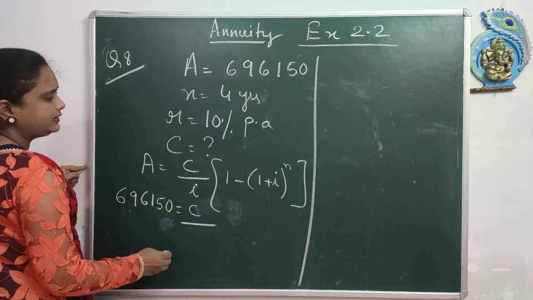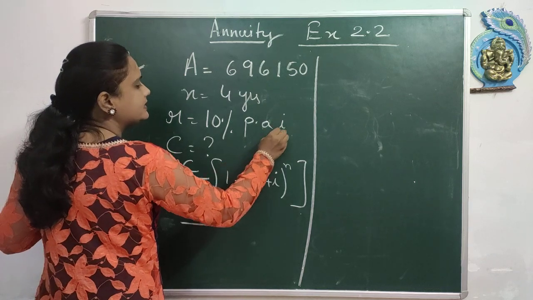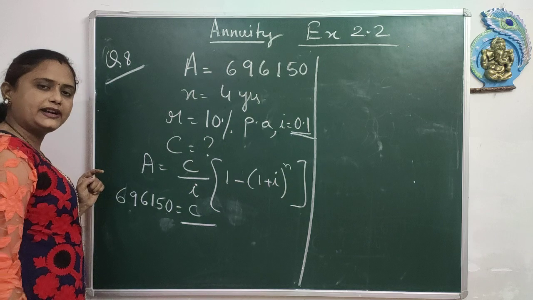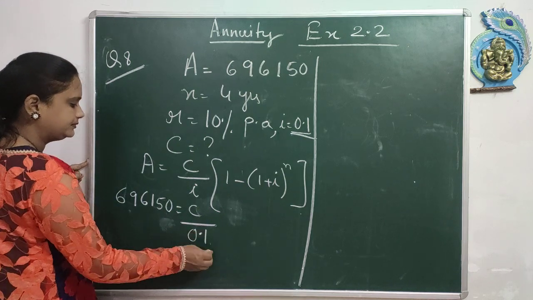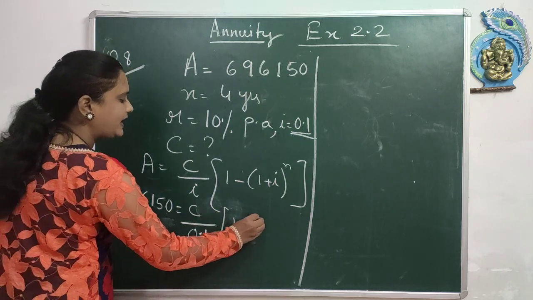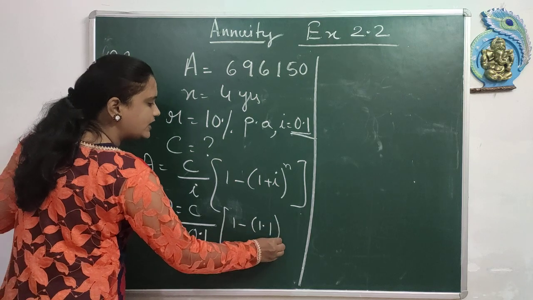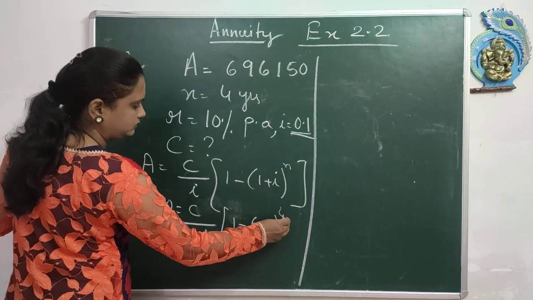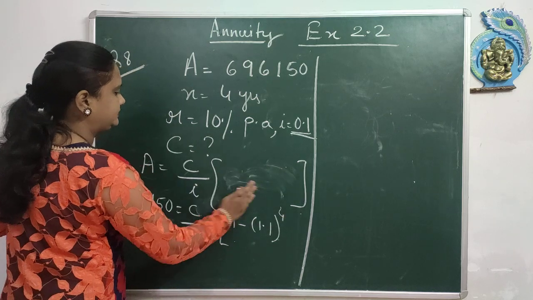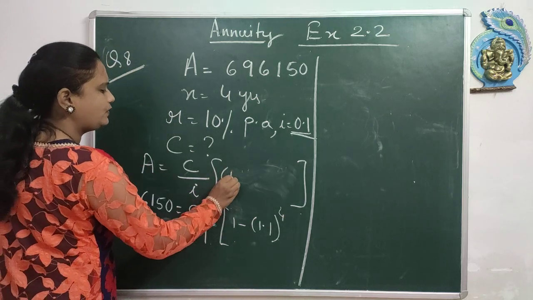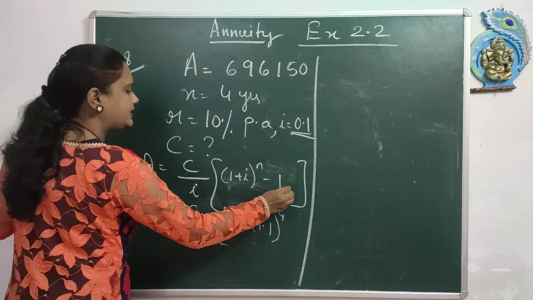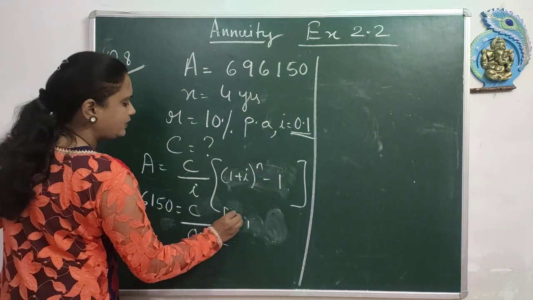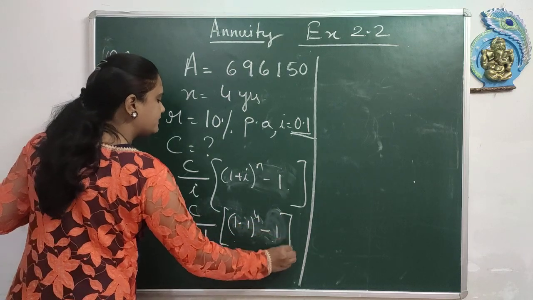C you have to find. So I here is again 0.1, that is 10 divided by 100, 0.1. For accumulated it is 1 plus I to the power n minus 1. So 1.1 to the power 4 minus 1.